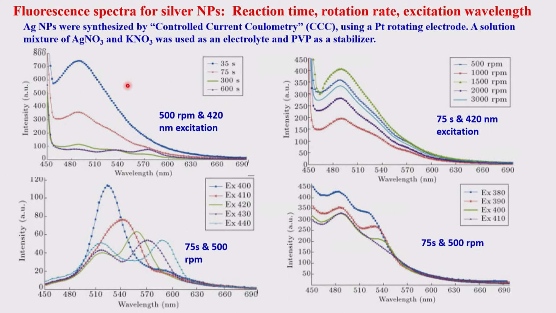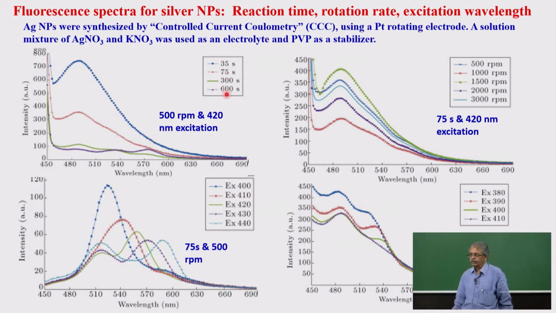Kindly have a look at panel 1 on the left top, the spectra that are shown. These spectra are for those silver nanoparticles synthesized under the following conditions. The stirring was done at 500 rpm and the excitation was done at 420 nanometers. What is the variation? The variation is the reaction time: 35 seconds, the bluish one, 75 seconds, the reddish one, 300 seconds, the green one, and 600, the darker purple. So you're going from 35 to 75 to 300 to 600.